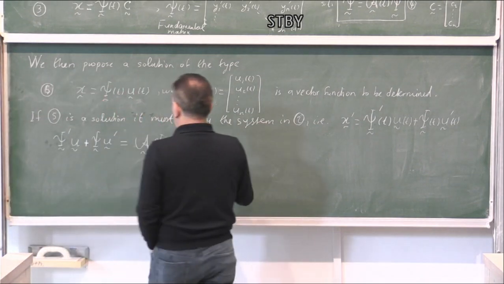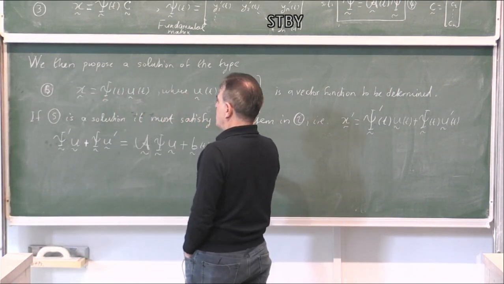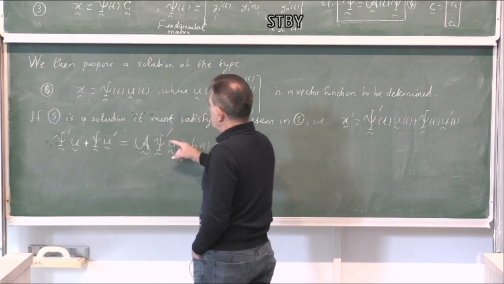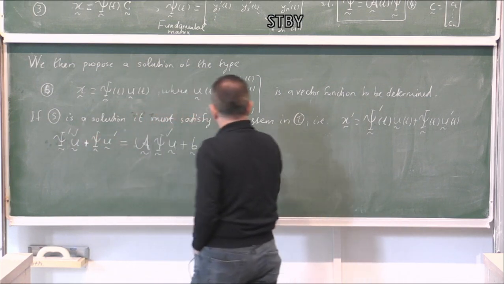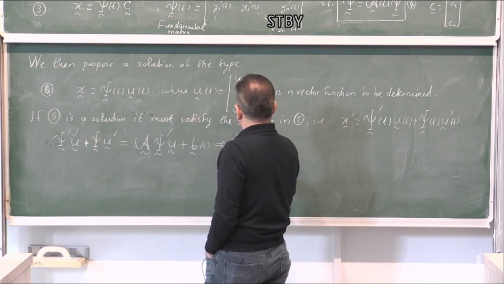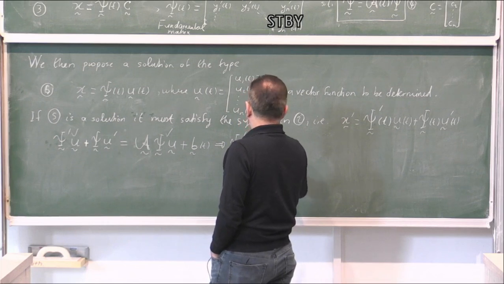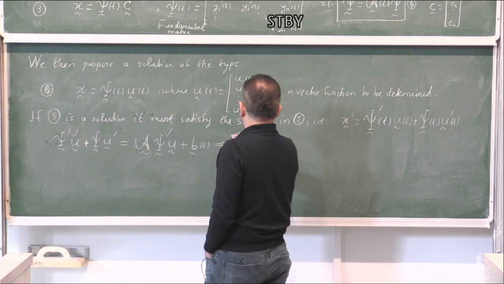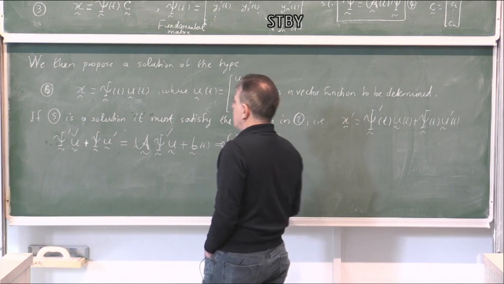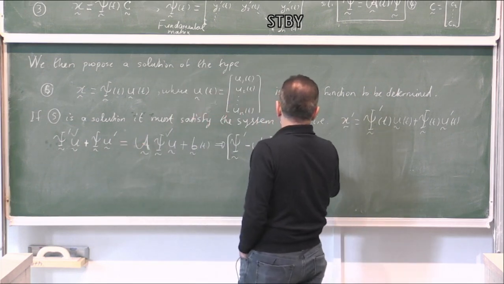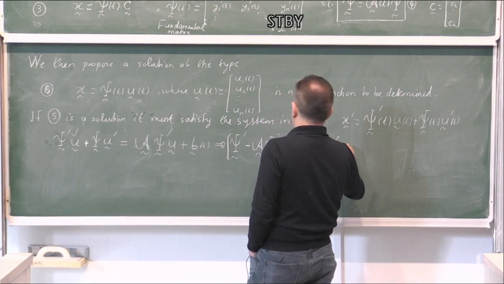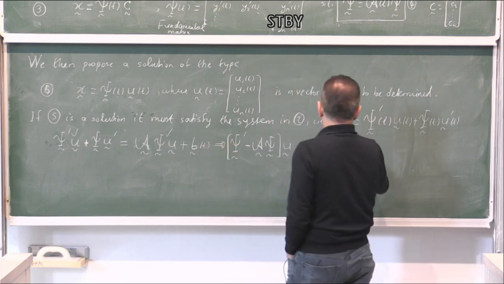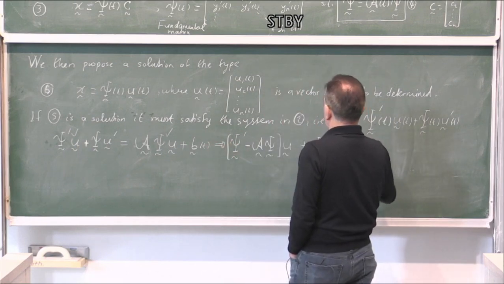Please be careful, this system may be written by considering the terms which are multiplied by the vector u. So we have psi prime minus A psi, this matrix, multiplied by u, and what remains, psi u prime, must be b of t.